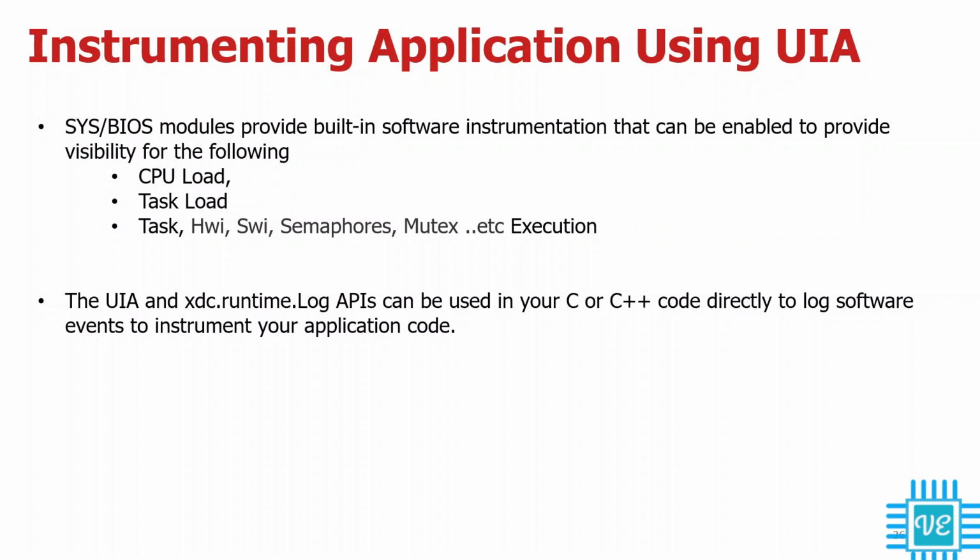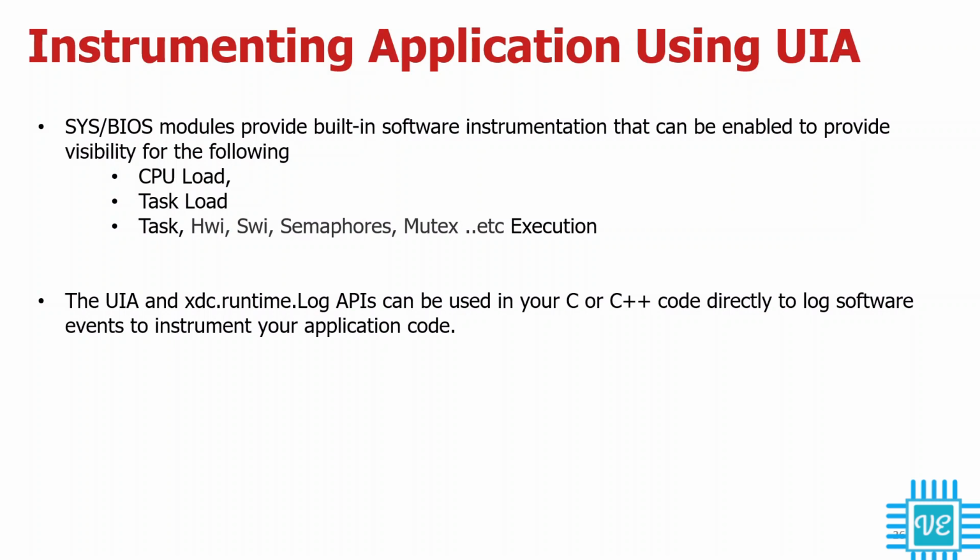Apart from load analysis, it also provides execution analysis, which means how your tasks are executing, how your hardware interrupts and software interrupts are executing, and when the semaphore actually occurred. These features are very useful when you are writing an application with an RTOS and want to trace or debug it when something goes wrong.